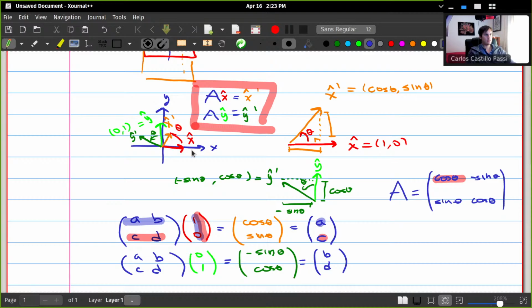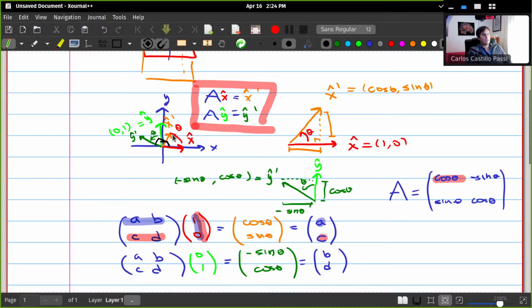So we start with the red arrow and the green arrow, and this will rotate the red to the orange, and this light green to this darker green arrow. Okay? Are x hat and y hat perpendicular or not? Yes, in the beginning, yes. The red arrow and the green arrow are perpendicular, and after rotation they are perpendicular as well.